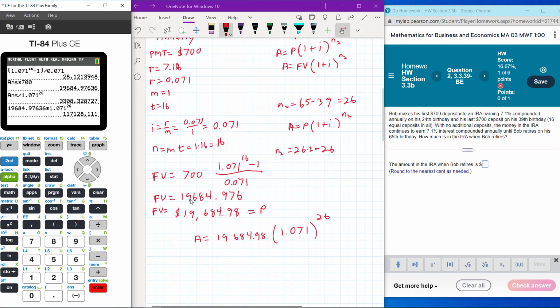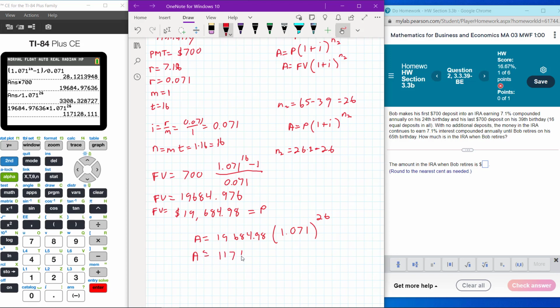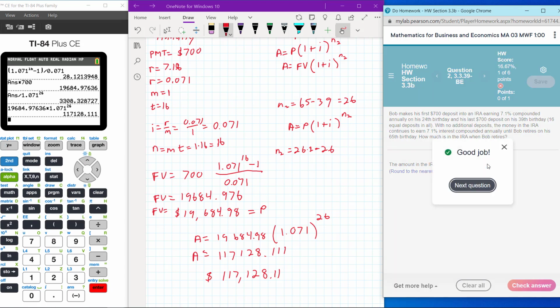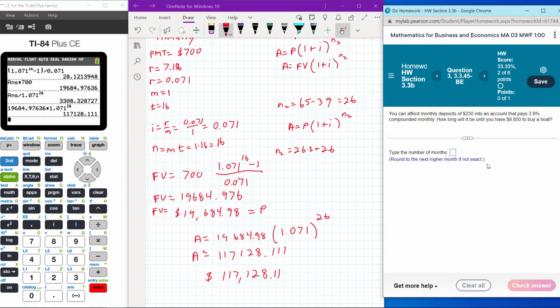So I have that A is equal to $117,128.111, and notice I don't need to round up, so that means my future value is going to be $117,128.11. And there you go. Okay, moving on.